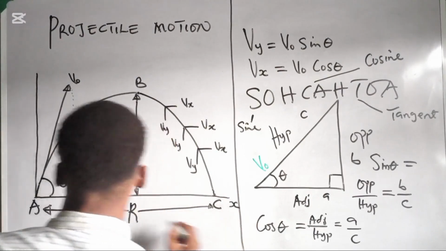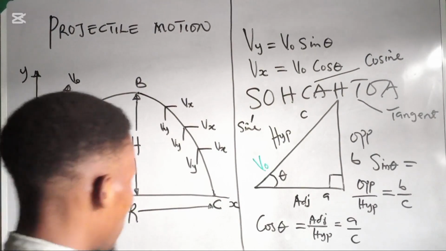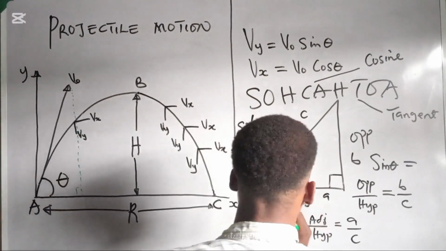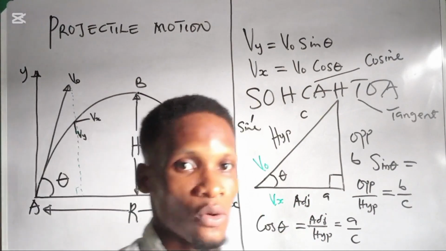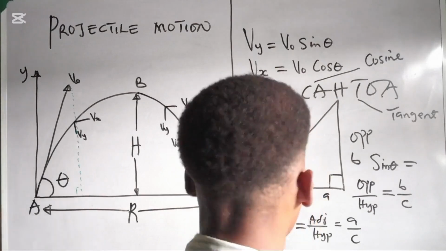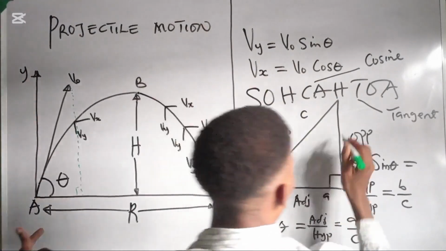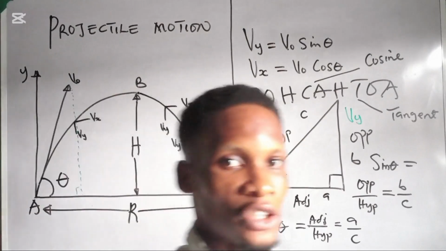This is the X axis, and this is the Y axis. Vx is the velocity on the horizontal part of the projection, and here is the vertical, which is Vy, the velocity on the vertical part of the projection.